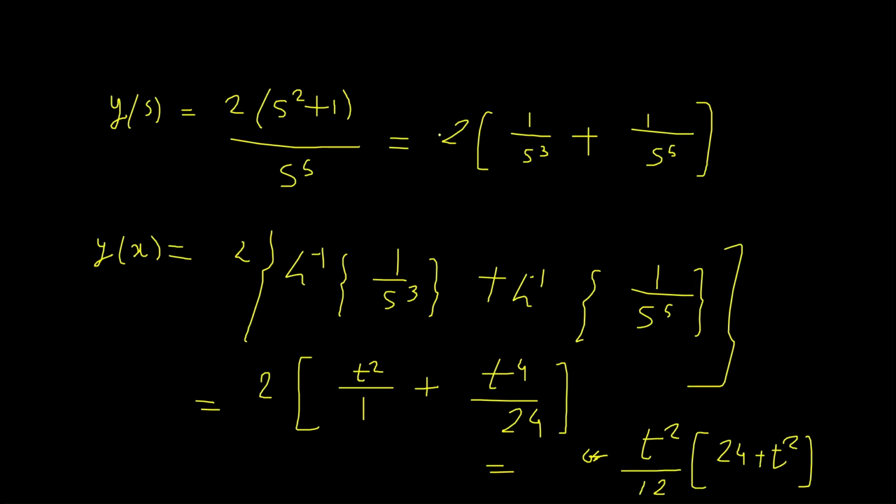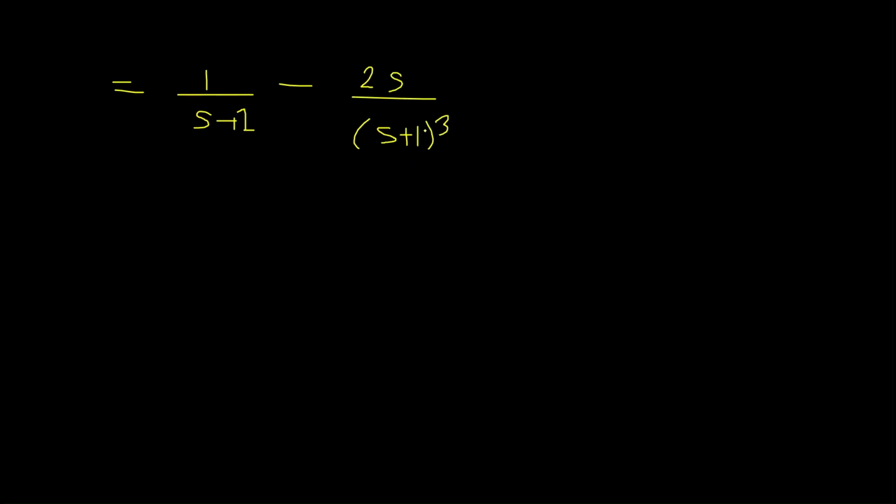We can write it now as 1 upon s plus 1 minus 2s upon s plus 1 cube. Let me see if this is correct or not. So now this is Y of s.